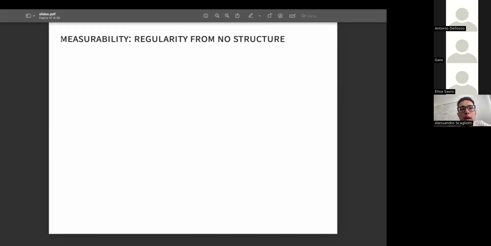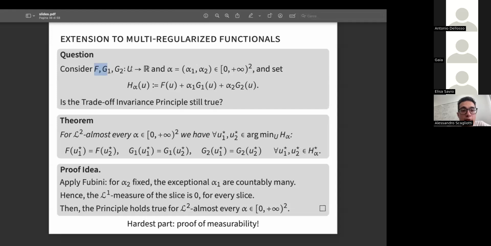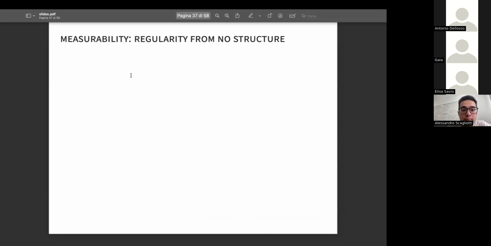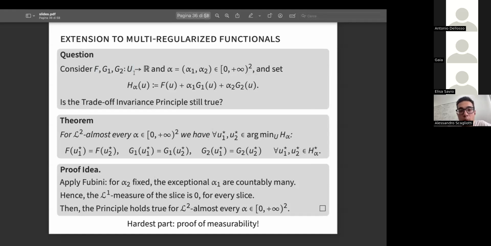What is the key idea behind this measurability proof? This is another point that is a little bit surprising, because we are making no assumptions on F, G1, and G2. They are not assumed to have any measurability property, and indeed U is a set which has no measurable structure itself. It's not a measurable set. However, we are not claiming or trying to prove measurability of these functions.